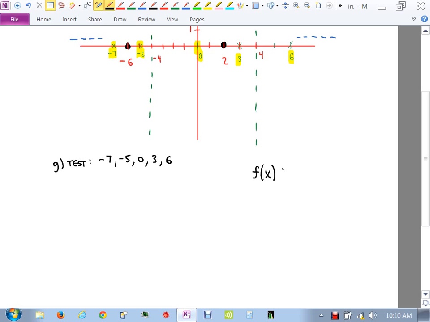We have the original function before we factored it, which was x squared plus 4x minus 12 over 2x squared minus 32. So we could plug our values into that if we so desired, or we could also plug it in to the factored one. Yeah, the factored one makes life a little easier.